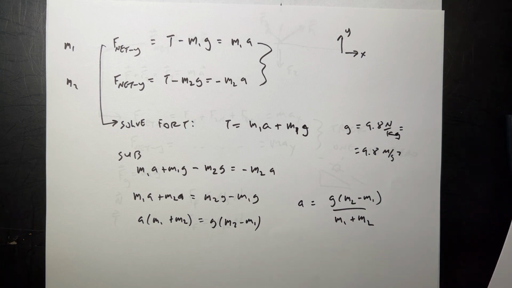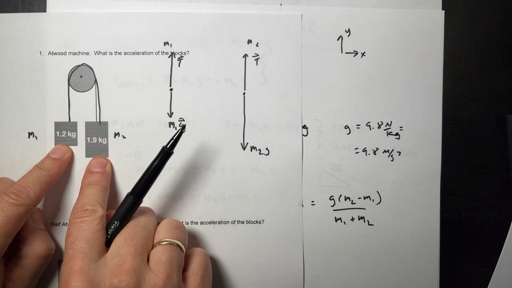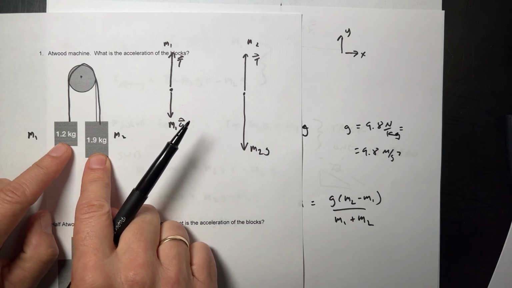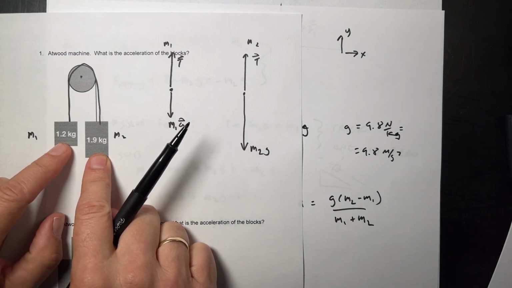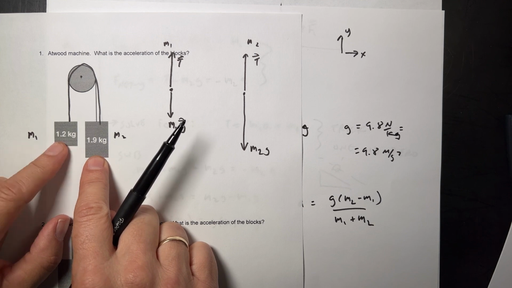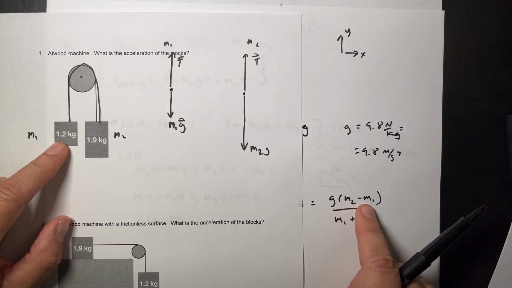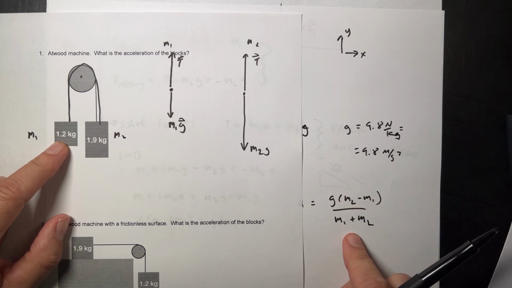Now let's look at a couple special cases. So suppose that these two masses were the same, both 1.9 kilograms. What would the acceleration be? I think you can figure that out in your head. It's going to be balanced. They're not going to move. Acceleration 0. So if m1 is equal to m2, I should get 0. If m1 minus m1, I'd get 0. That works.